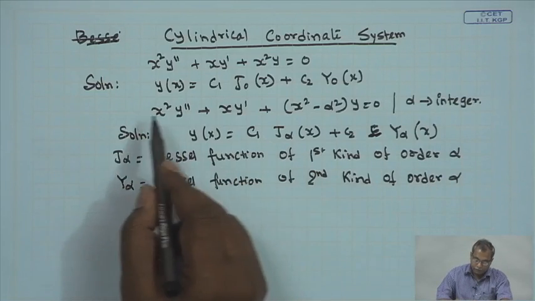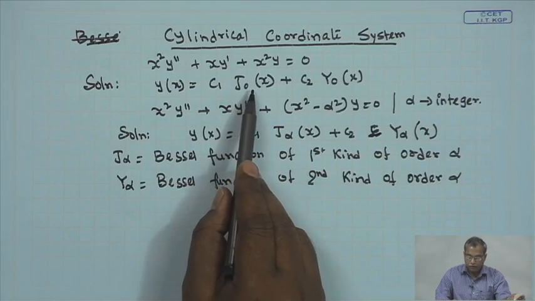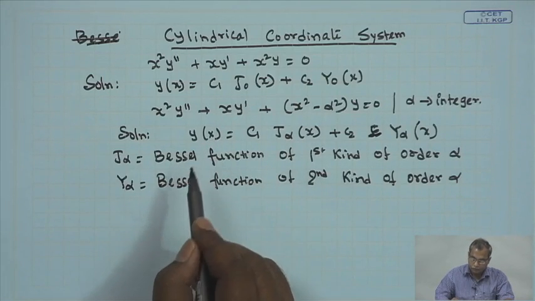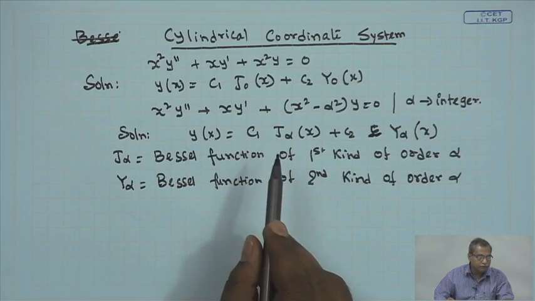So, if this is the form, we are talking about a 0th order Bessel function, of first kind and second kind.